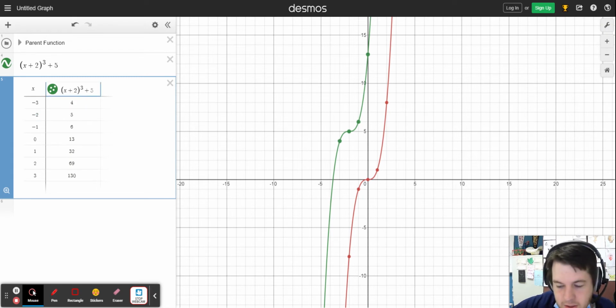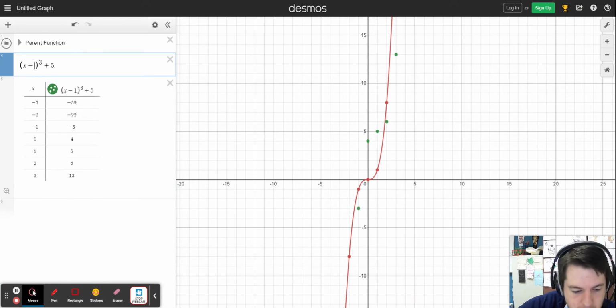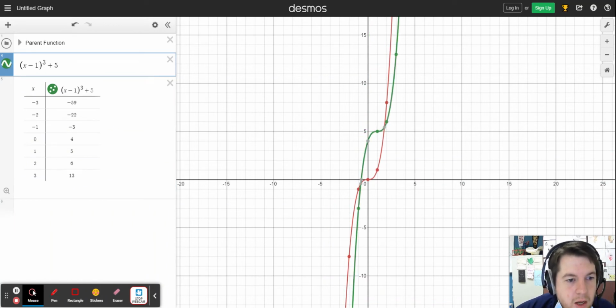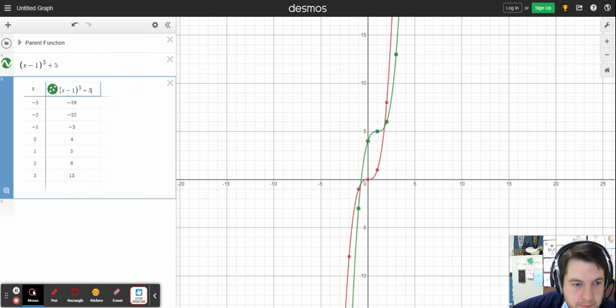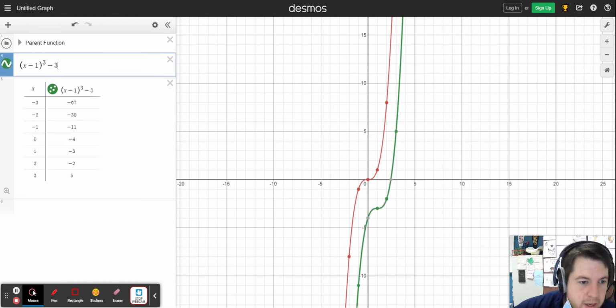Now, if I change this to, let's say, -1, move it right 1, now our vertex here is at (1, 5), and we can see 4, 5, 6 right here, they're all 1 apart from each other. And if I change this to, let's say, -3, we can see that vertex in the table.